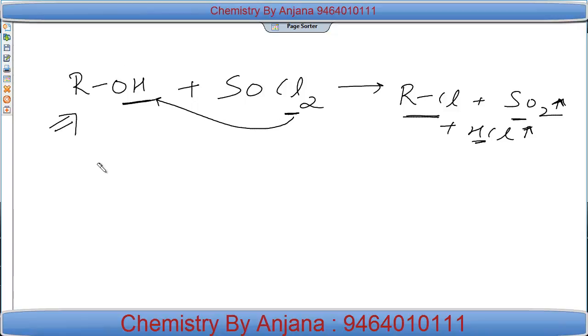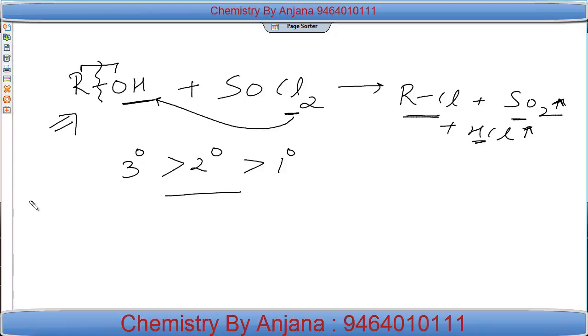So the first category which we were discussing, making alkyl halide from alcohols, is over. In all these reactions, tertiary alcohol is preferred, then secondary, and then primary alcohol. The preference order remains the same because it involves the same bond cleavage between C and O, as we discussed in the first slide.